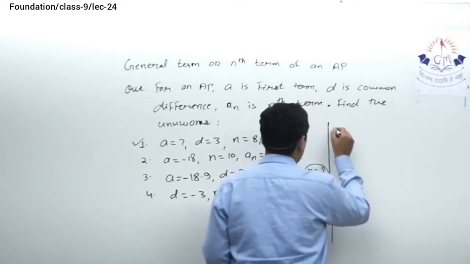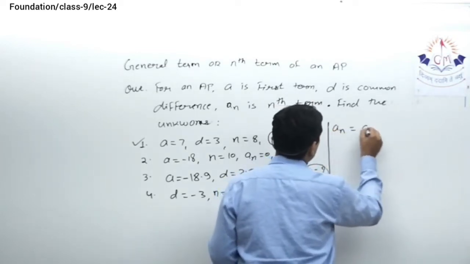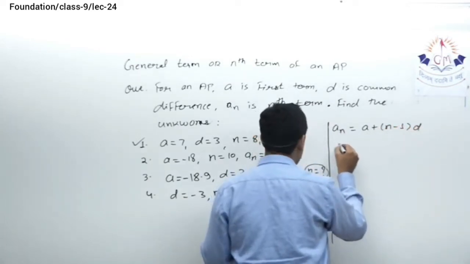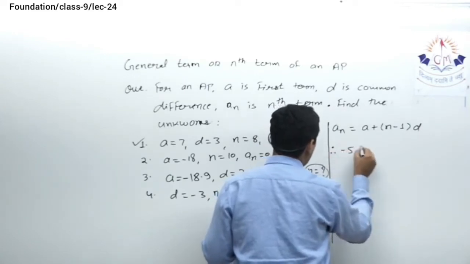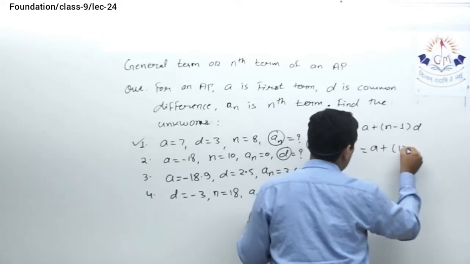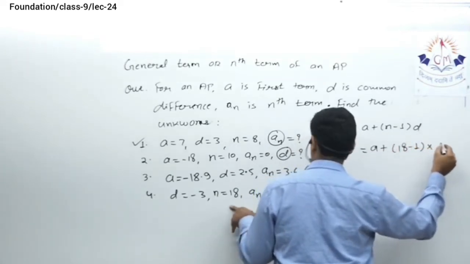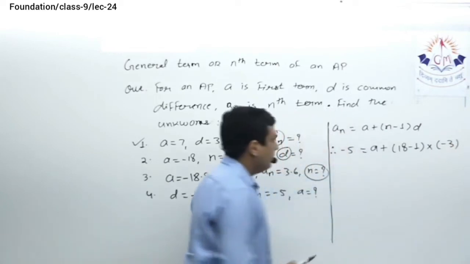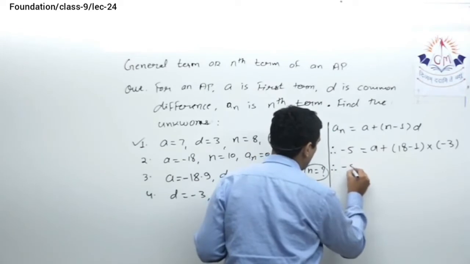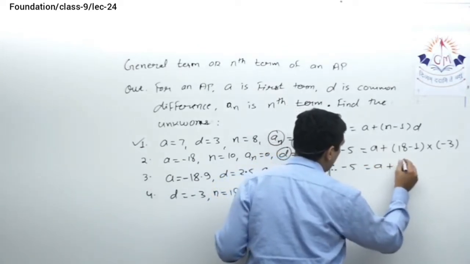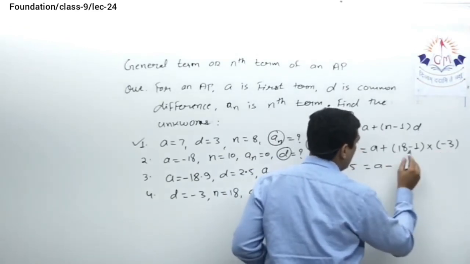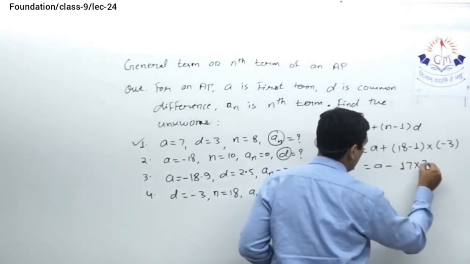So again we apply the formula, that is an is equal to a plus n minus 1 into d. an is minus 5, a is what we have to obtain, n is 18 and d is minus 3. So on solving it further, minus 5 is equal to a plus, or I can make it negative, 18 minus 1, 17 into 3.